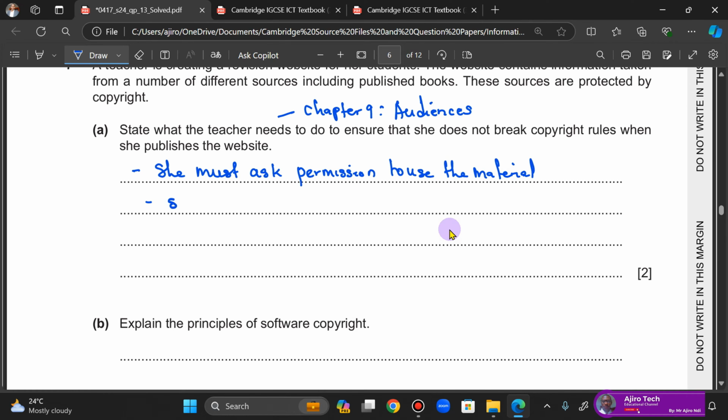Okay, she should also acknowledge the sources, okay, for the material, where she got the material from.